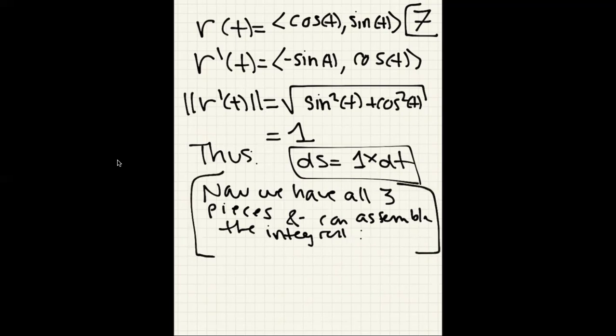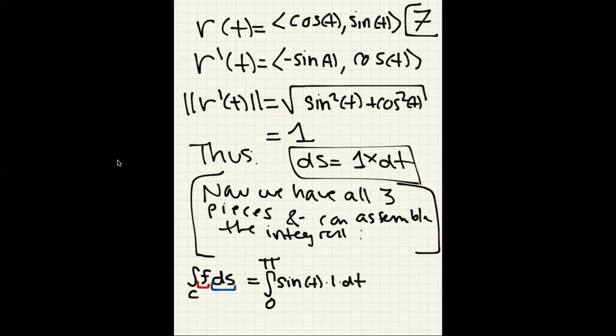So I'll write this right here. This means the integral along the curve of the function f, using arc length, is going to be an integral from 0 to pi. Now we said that the function f is just merely sine of t. And we found out that this ds is a really nice case. It's just 1 times dt.